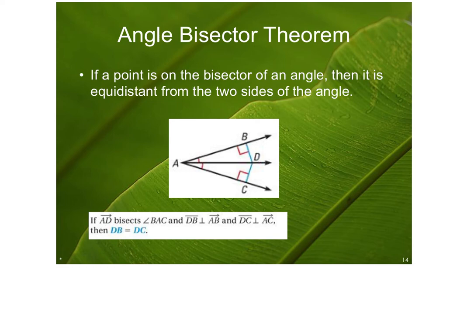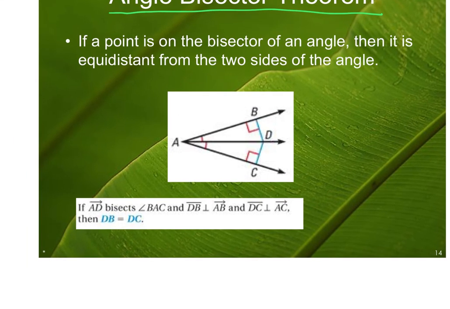Okay. If a point is on the bisector of an angle, then it is equidistant from the two sides of the angle. This is a different theorem, but it still involves a bisector. This theorem says if AD bisects angle BAC, that means it cuts it into two equal parts. Do you guys agree?